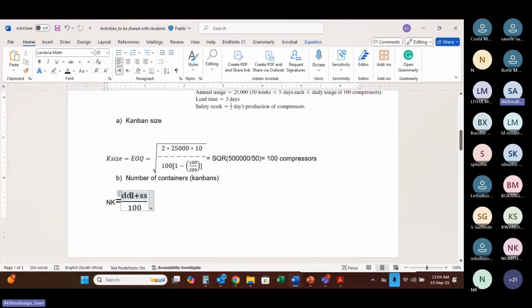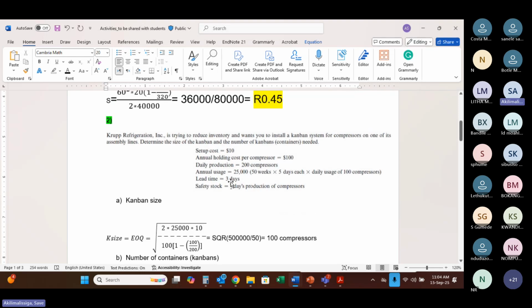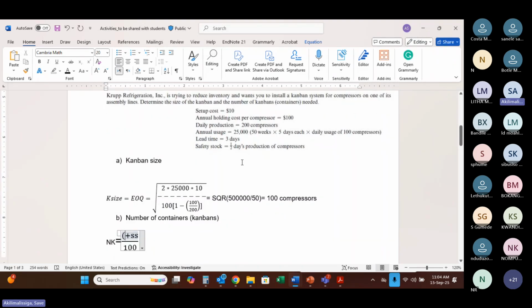So demand during lead time, I'll just put between brackets. They say that lead time, and what is the lead time here? The lead time is 3. So we're gonna have 3 times daily demand. So what is our daily demand here? Our daily demand here is the same one that you use here. That's small d, so it's 100.